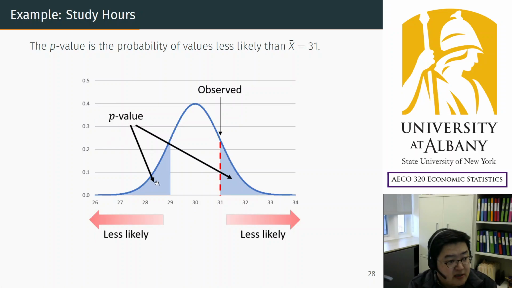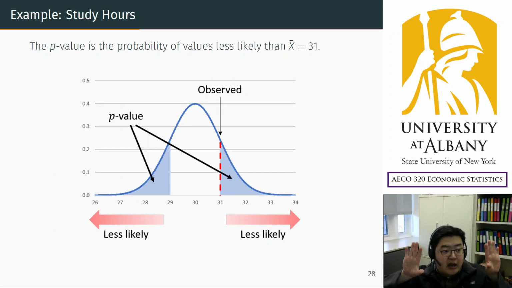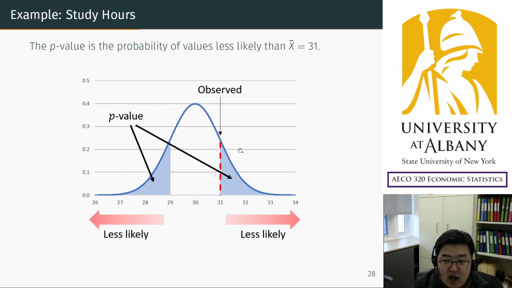And as you can see from the picture, the p-value will be small if your observation was outside, right? If your observation was, for example, at 32, then this area would be much smaller. So the smaller the p-value is, the larger the difference between the center and your observation, your sample average. Let's keep that in mind.